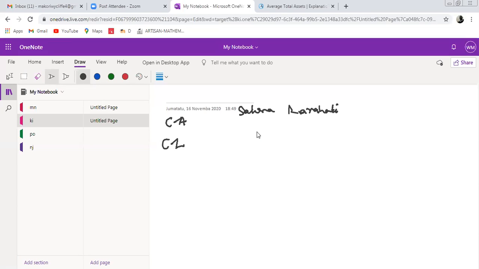So for Sahara, we have 100,000 plus 46,000 plus 40,000. It gives us a total of how much? 186,000. What about for Kalahari?